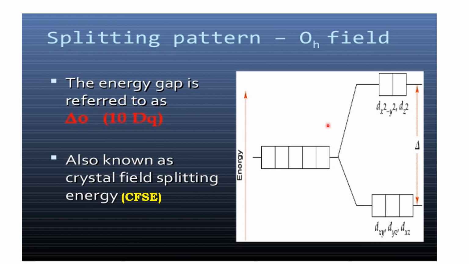Octahedral. If it is tetrahedral, it is delta T. And this gap is called crystal field splitting energy or crystal field stabilization energy, equal to delta O or 10 dq. Take down, draw this one. This picture is very important. Draw it.